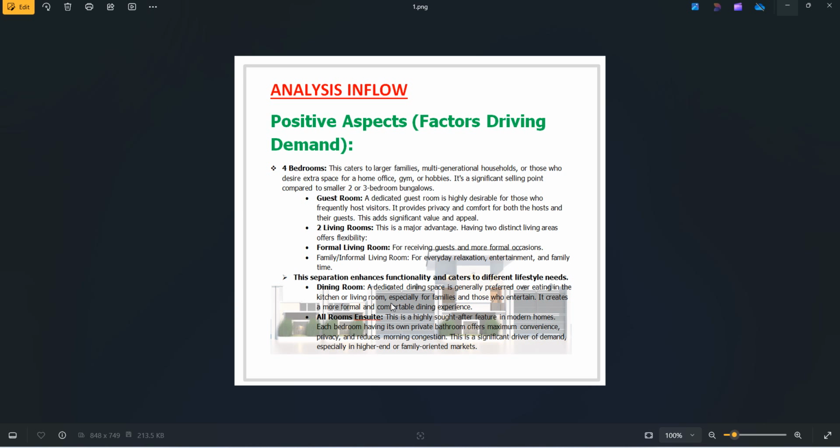Each bedroom has its own private bathroom, for maximum convenience, privacy, and reduced bathroom congestion. This is a significant driver for the high level of demand in this kind of house and in high-end family rented buildings.